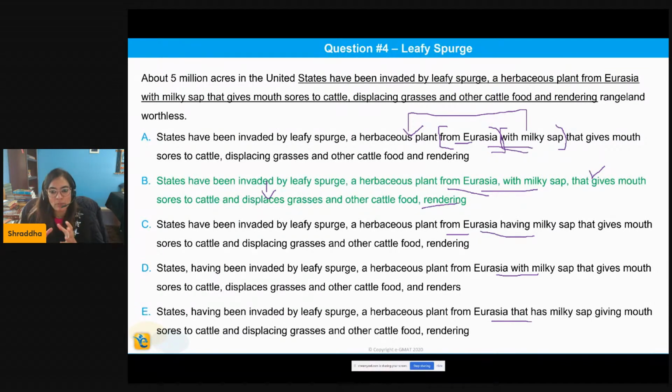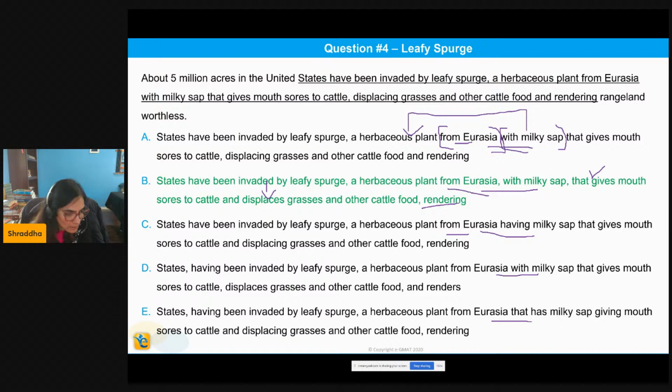What is the difference between A and B? Although the words are the same, there are those two little commas coming before with milky sap and after with milky sap. That gives the flexibility for that to jump. If I'm not telling you that I'm putting this as additional information, you can jump over it, till that time that will not jump.